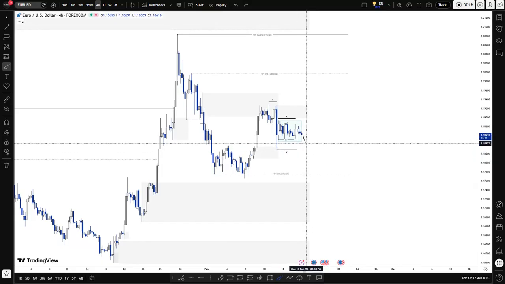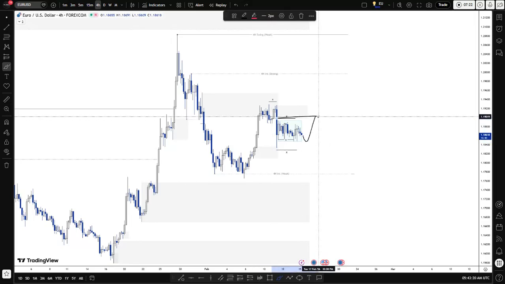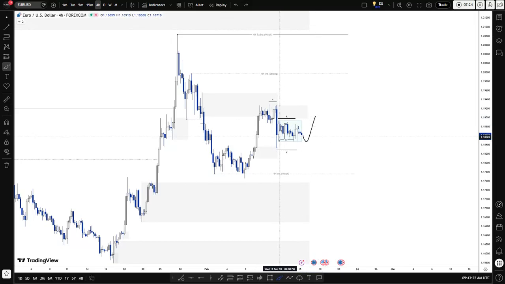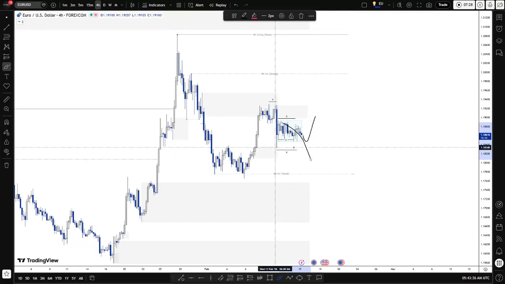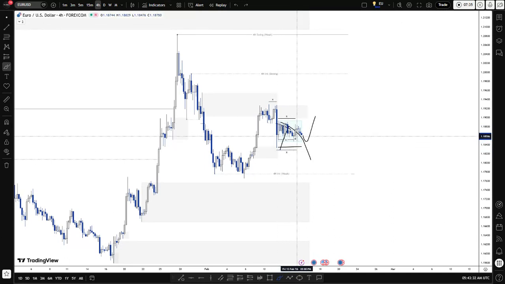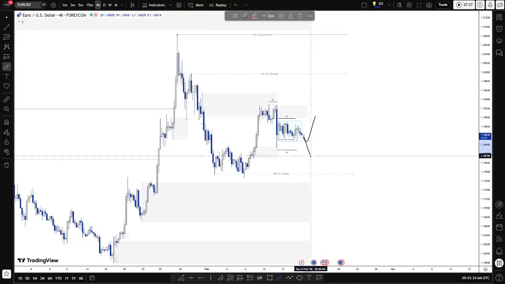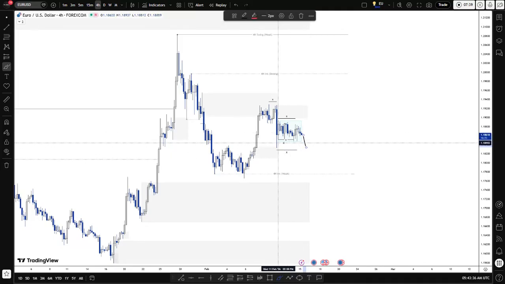So to play the deep pullback to this supply, although the way price has just been ranging here, it could suggest that price is now ready to target this low, because we've already had a significant pullback, meaning price could now target the low, or maybe it could just liquidate these lows and maybe even shift.